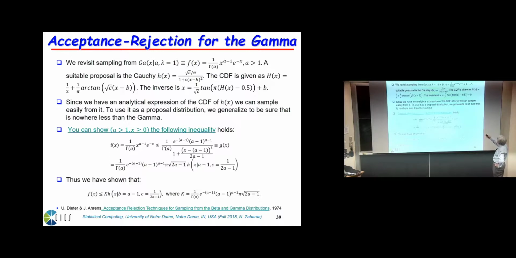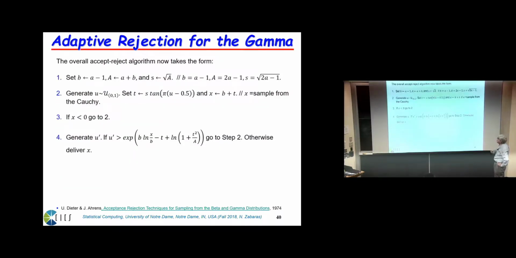Because we can sample from the proposal distribution, we have established what that constant M is, and here is the algorithm, really 4 steps, and I strongly suggest that you actually read this algorithm to convince yourselves that it's really the accept-reject algorithm.